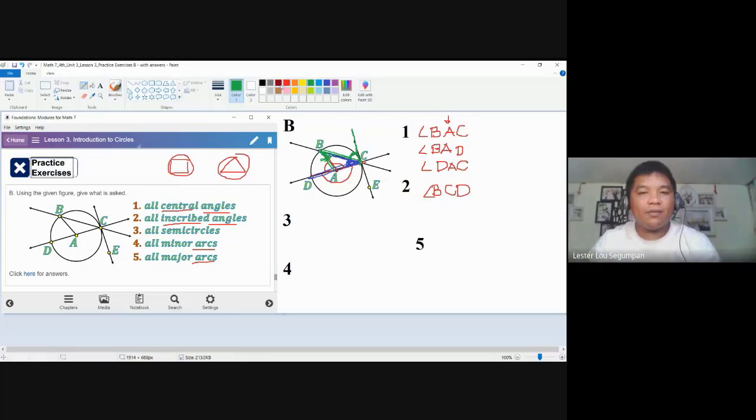Let us try to talk about first on semicircles. Semicircles means half of a circle. So that is actually an arc, okay? Because it is a measurement that is actually 180 degrees and it is the half of the 360 degrees, which is the complete circle.